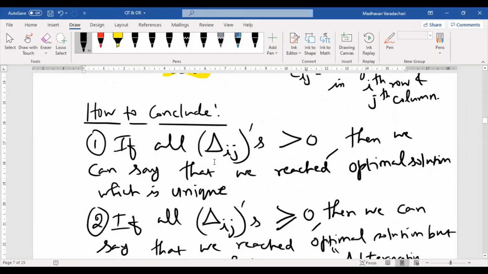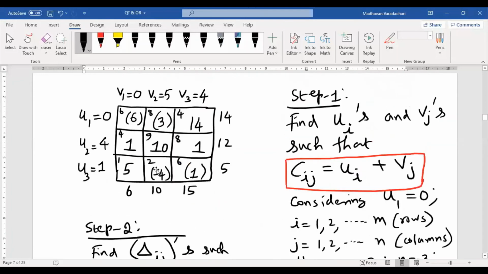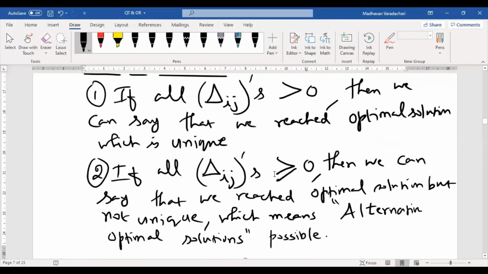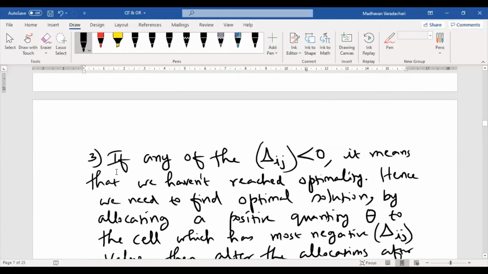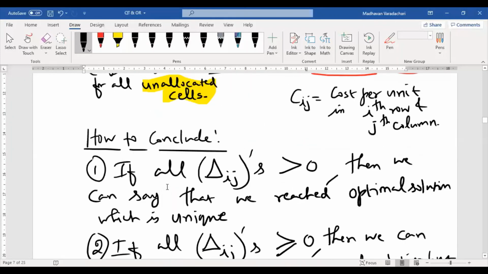Actually, the first condition is satisfied if all the delta ij are positive. The second condition is satisfied if all the delta ij are either positive or 0. But it is not, if you look into that. This is positive, this is negative. So it is satisfying the third condition, that one of the delta ij is less than 0.